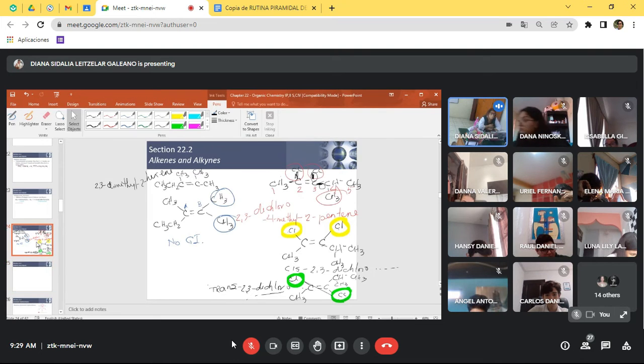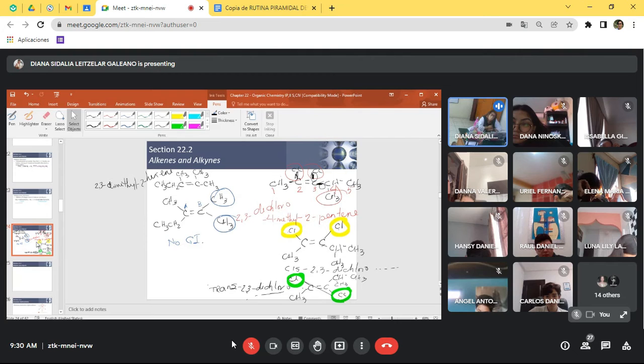No lo entiendo. En el de arriba, el double bond is between 2 and 3. En el original. Es que es el mismo.